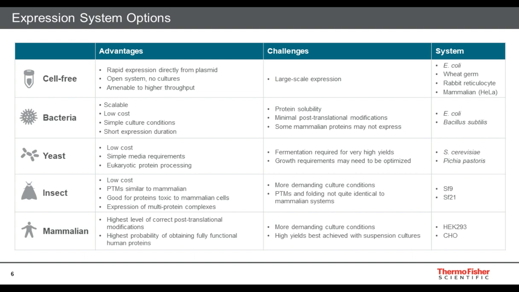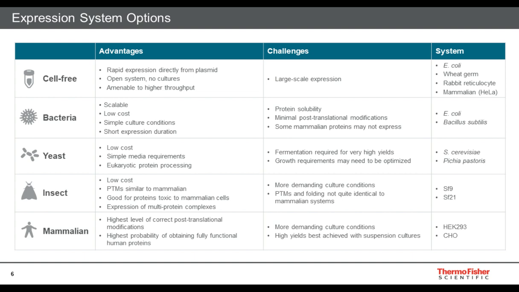It does have the advantage of being able to conduct eukaryotic protein processing, but fermentations are required to produce very high yields, and growth requirements may need to be optimized. Insect cell cultures are also low cost.